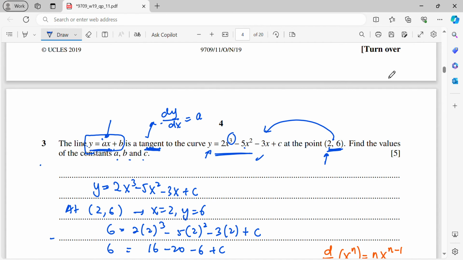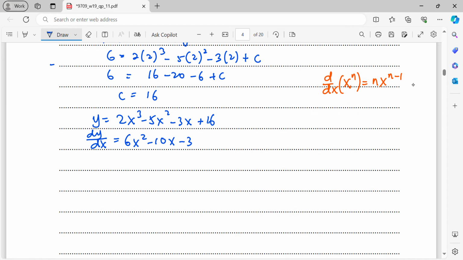So the gradient is a. So now I will write at 2, 6, my dy dx will be 6 times 2 squared minus 10 times 2 minus 3. So this is going to be 1.